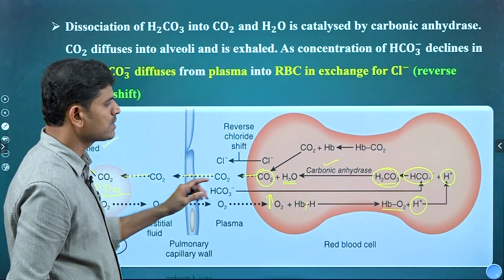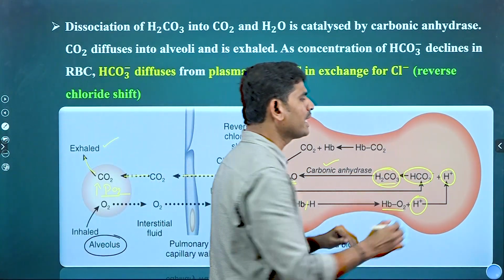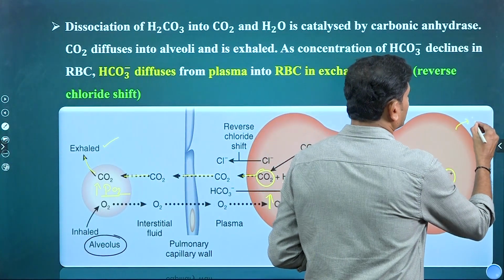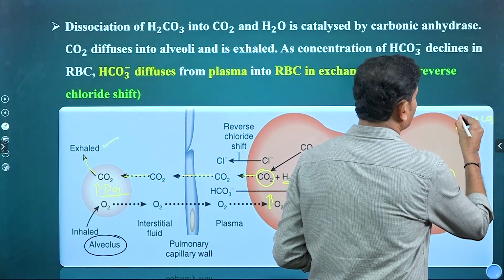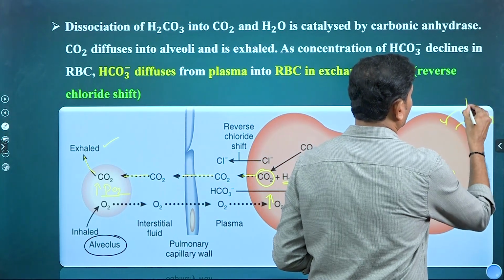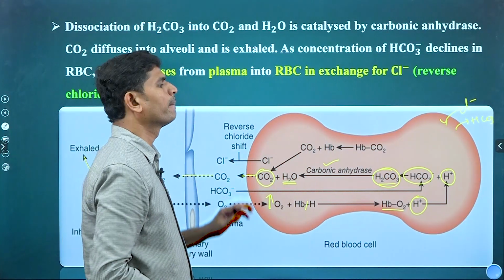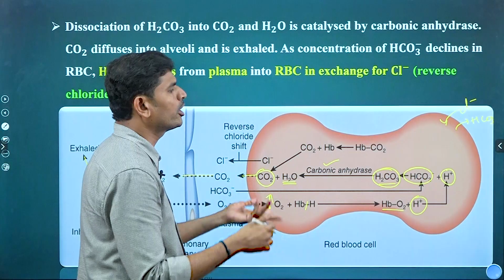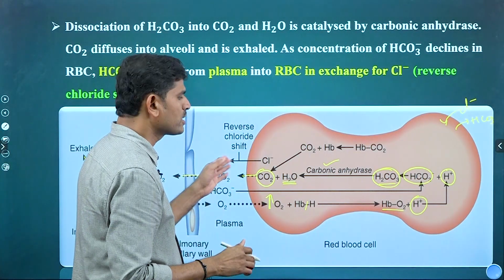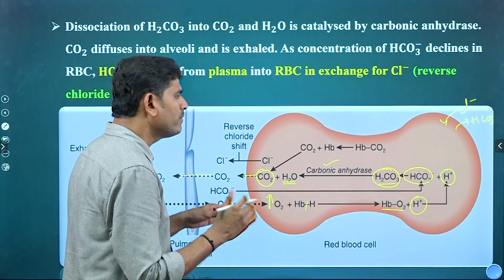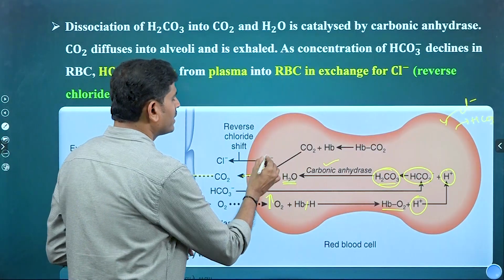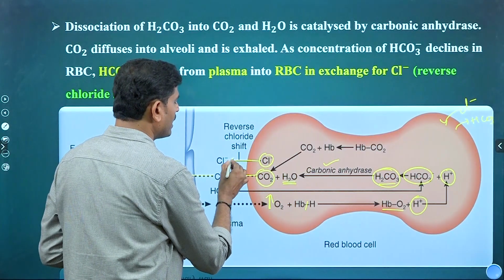So here, previously bicarbonate ions went outside, then chloride ions shifted inside. We said that is the chloride shift. But now bicarbonate ions are not shifting outside, they are shifting inside. Then the chloride ions that came inside previously are sent outside.